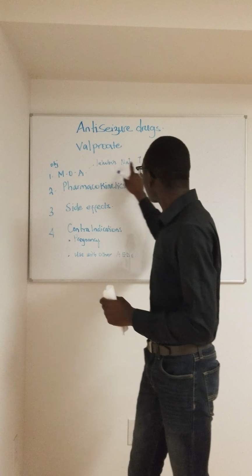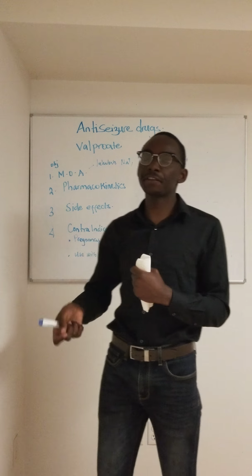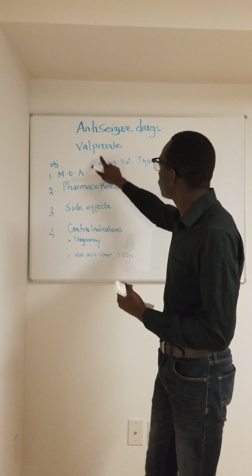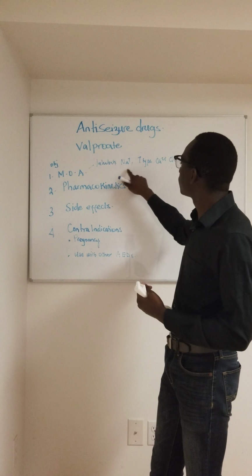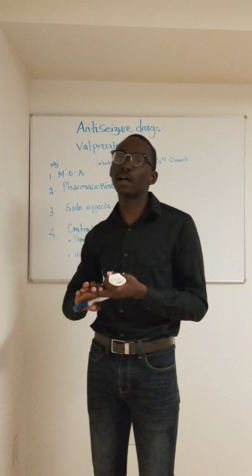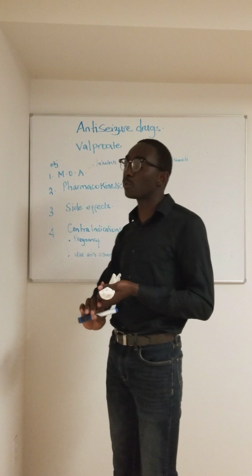So when you inhibit these channels, you're arresting what we call the absent seizures. This is why Valproate is very good at absent seizures, general tonic-clonic, and also simple seizures and partial complex seizures.